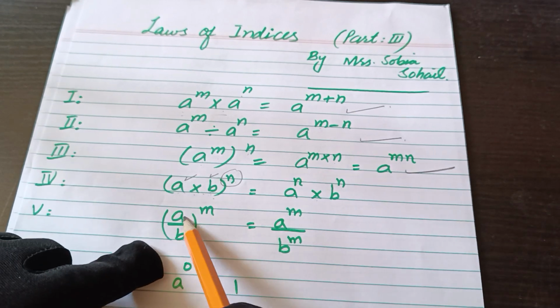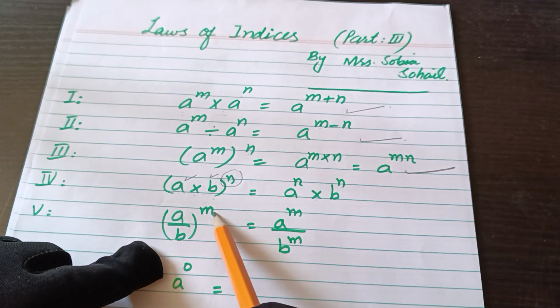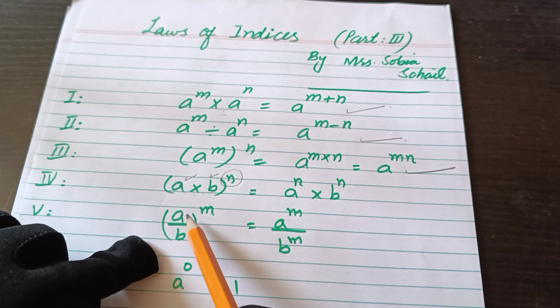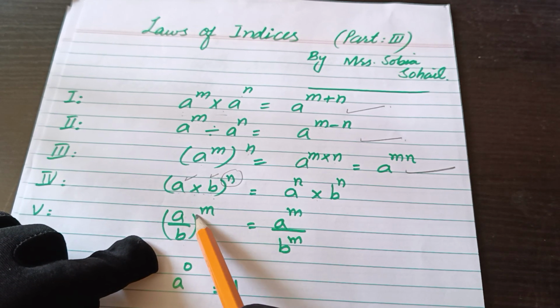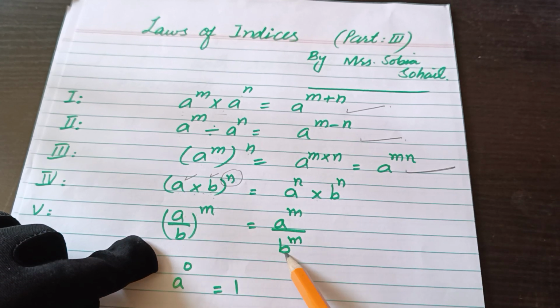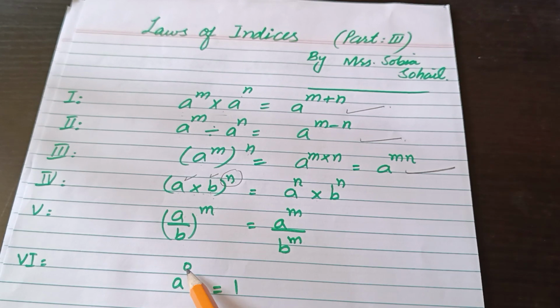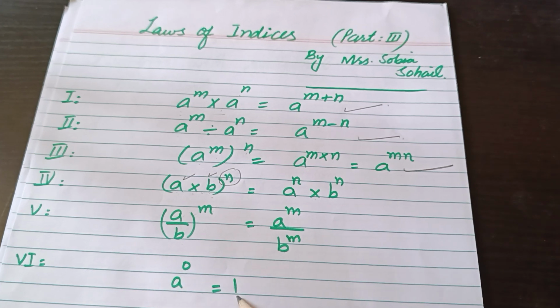Like if two numbers are dividing and you are taking an exponent on that, opening the bracket means first number exponent divided by the second number exponent. And if any number is taken to a power of 0, that number will change to 1.